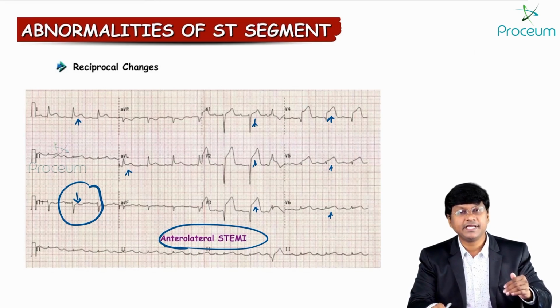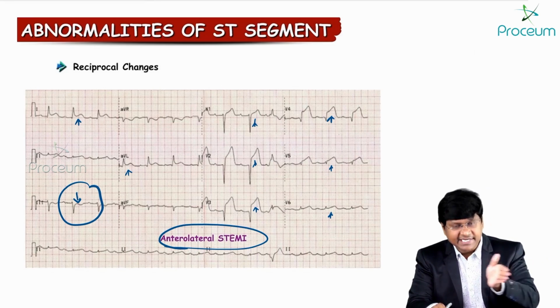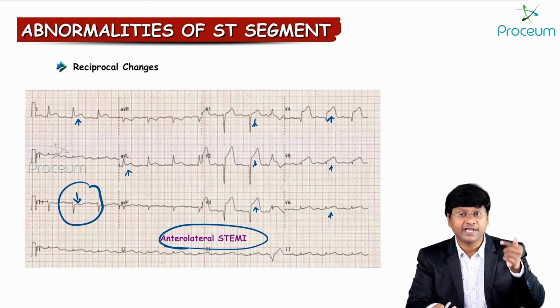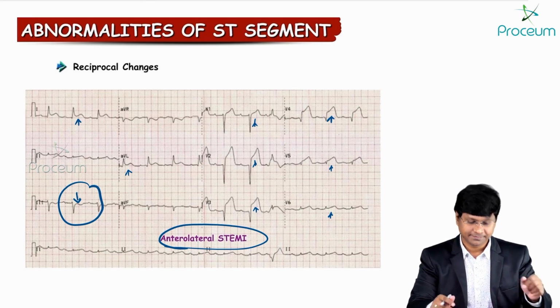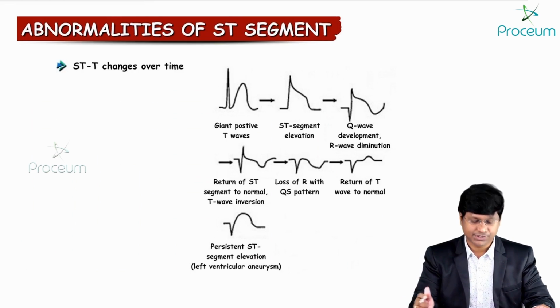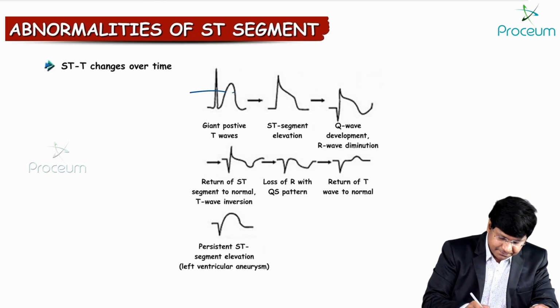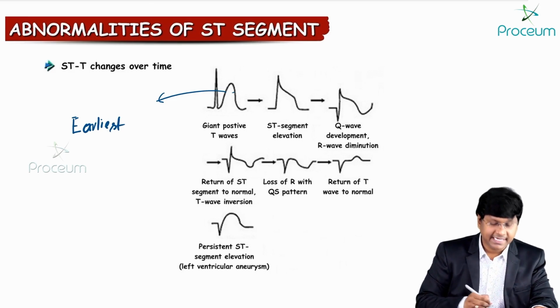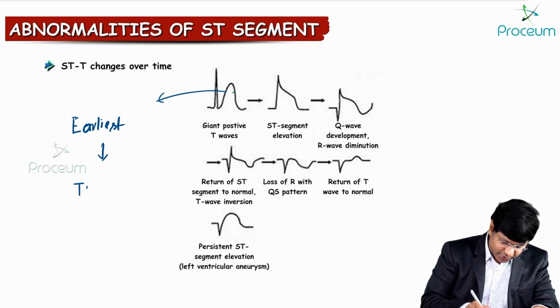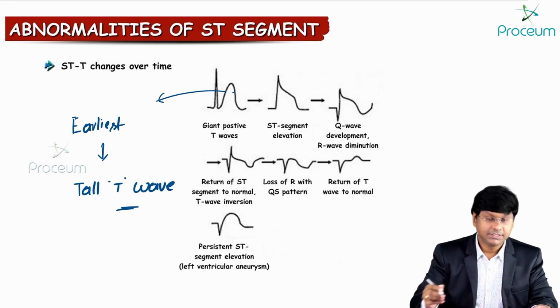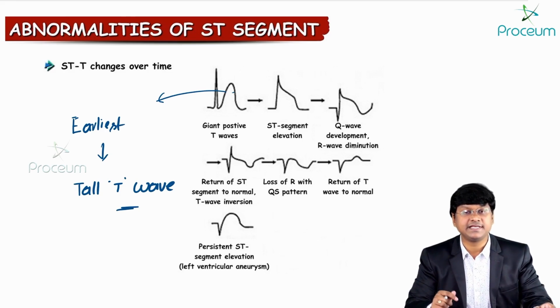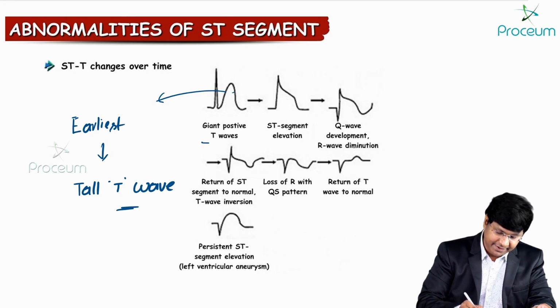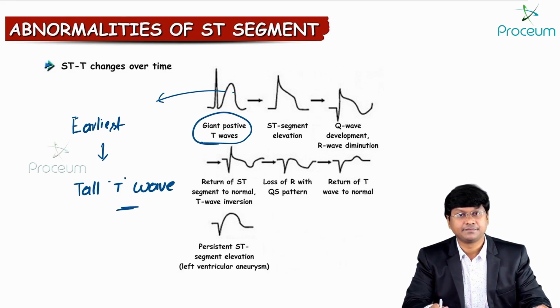So that is very important in benign early repolarization. And I have said you that in benign early repolarization, the serial ECGs will remain normal. But you take in MI, how will be the changes? I will tell you. In MI, you will have the following changes. The earliest change is the appearance of the tall T wave, where the individual will have a giant positive T wave.